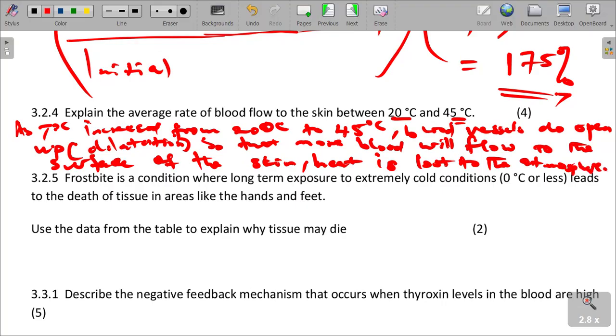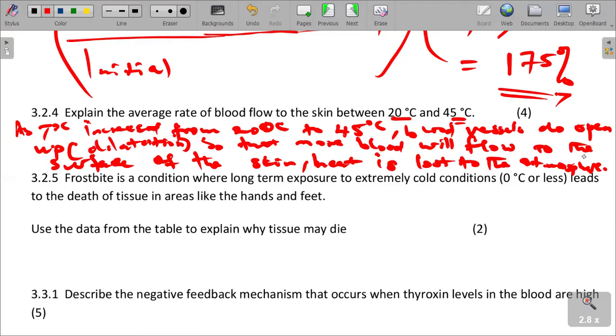That's what happens there. That's what we need to understand, to say that an increase in temperature results in vasodilatation. Vasodilatation, wide opening of blood vessels will take place. Therefore, more blood will flow to the surface of the skin, resulting in the loss of heat in the atmosphere.